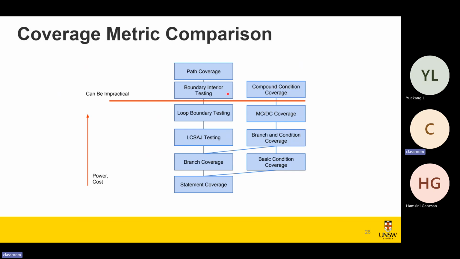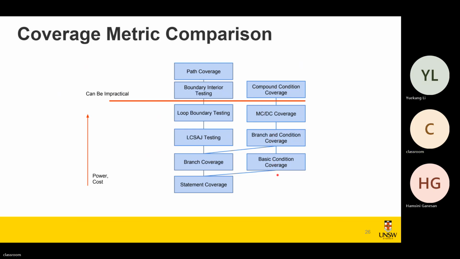And every time we encounter a branch, we double the count of paths we have. So the number of test cases required for boundary interior testing could still grow exponentially. And that's why this could be impractical. And of course, path coverage is considered impractical and the most expensive metric here.